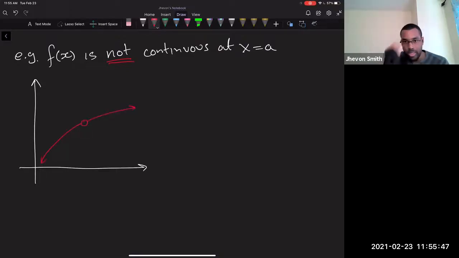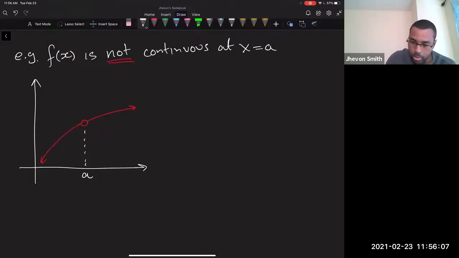I have to lift up my pencil to draw the hole. That's where your A is, right? That is not continuous. Like I have to draw and jump over the hole to the other side. I can't just draw my pencil right through the hole because it's a hole. I can't be there, right?